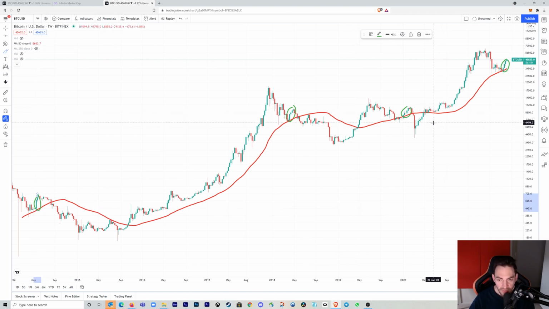Now, combined with the fact that our monthly volume is quite low, and we're following the same pattern that we've followed in every other cycle, my feeling is that we're more likely to reach a lower high and turn around than we are to go up. So from my point of view, it's all about the probabilities, and the probability of going lower, I believe, is higher than the probability of going higher.